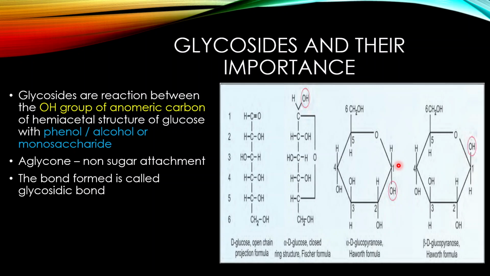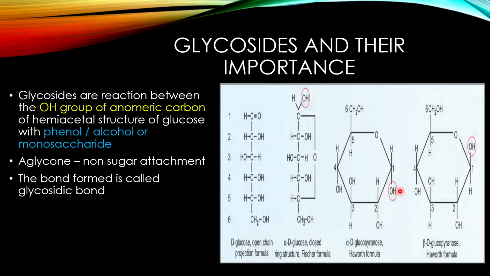When we talk about glycosides, we basically refer to this reaction of the hydroxy group present on the anomeric carbon atom of the hemiacetal structure of glucose. This hydroxy group can react either with another phenolic or alcoholic compound, or it may react with another monosaccharide. The structure which is formed is known as a glycoside.